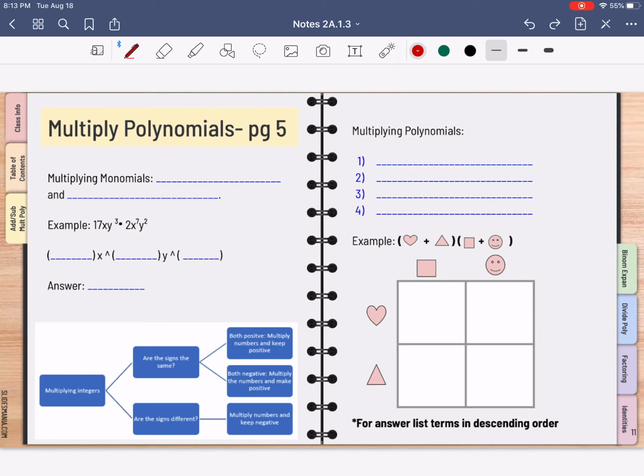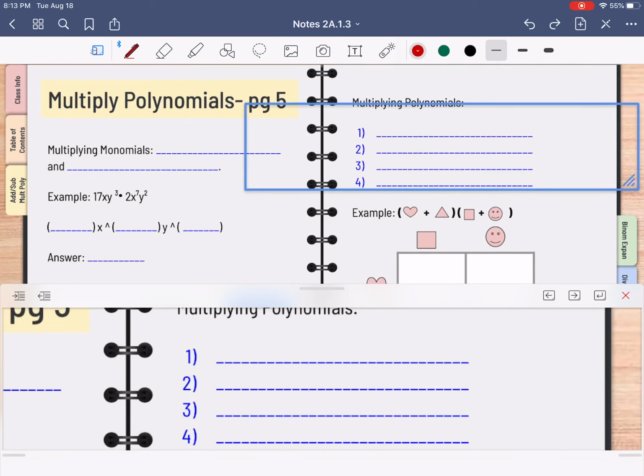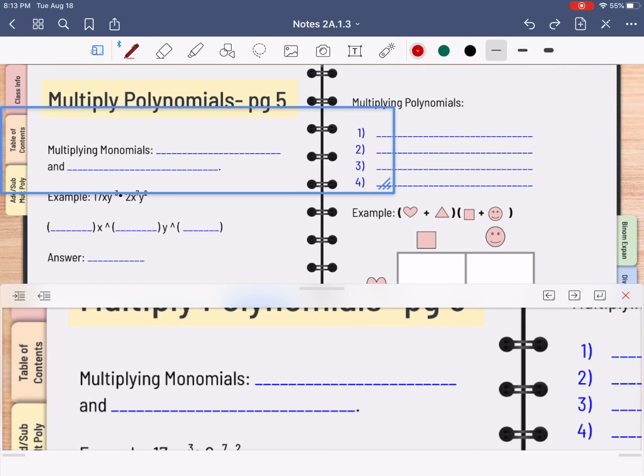For your notes, you're just going to highlight where the little blue boxes are, and then type this in here. So multiplying monomials: a monomial is a single term times a single term.